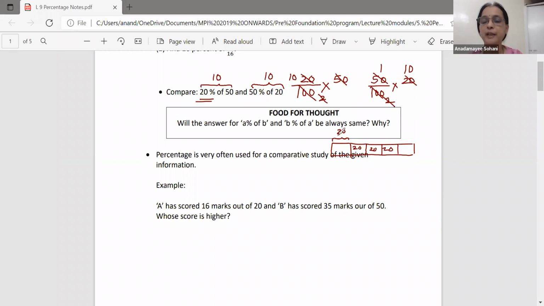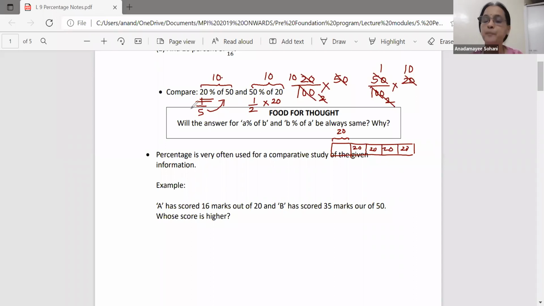So 20% is nothing but 1/5, converting percent into fraction. And 1/5 of 50 will be 10. And 50% will be half. If I draw a train, 50% will be half. Half of 20 will also be 10.